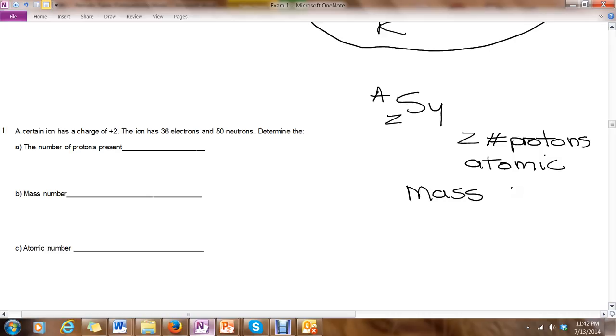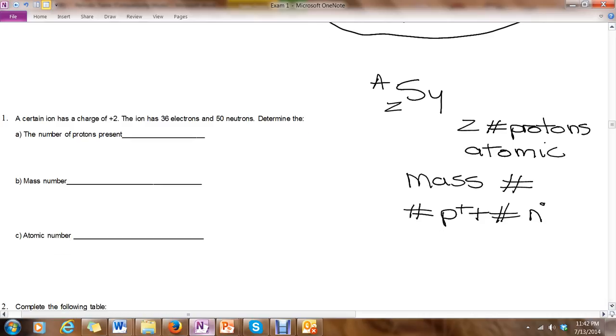N is the number of neutrons, and the mass number is the number of protons plus neutrons. Neutrons have a charge of 0. The number of electrons is equal to the number of protons when the charge is 0.